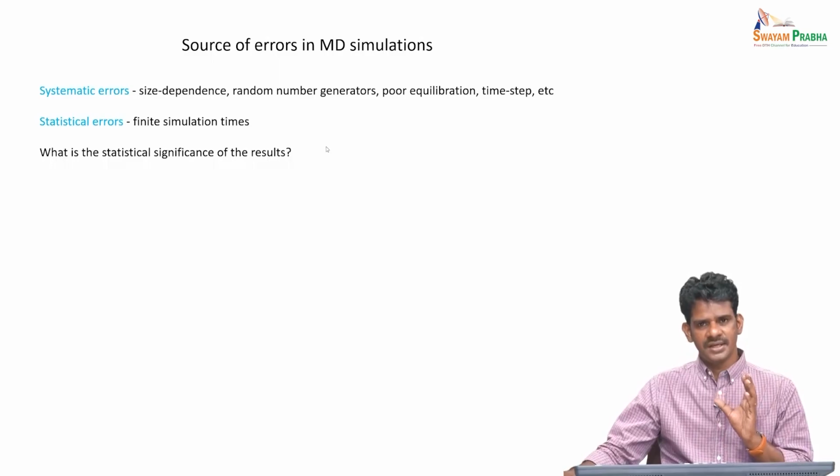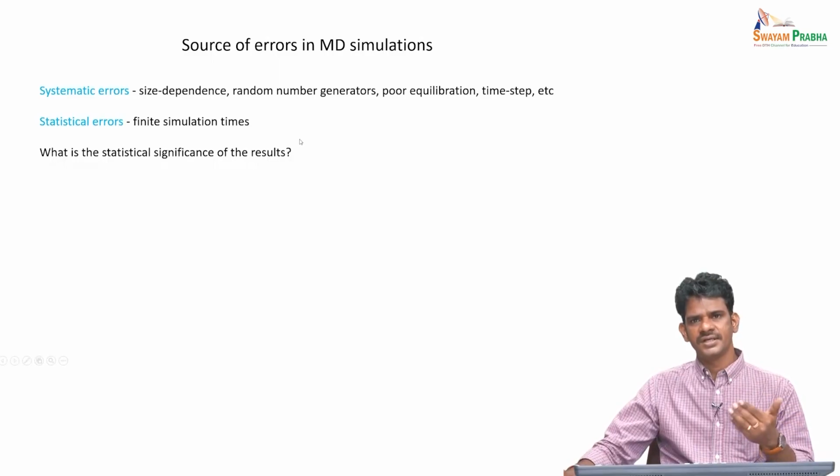Systematic errors refer to certain parameters that we specify in conducting simulations. It could be the number of particles we have used, and some of the ways in which we create the random number generator. In certain processes, we need random numbers to do MD simulations or even MC simulations. So those random number generators could also have a systematic error.